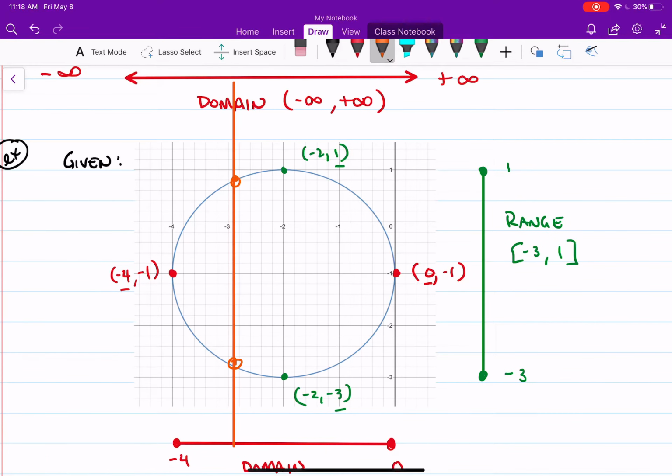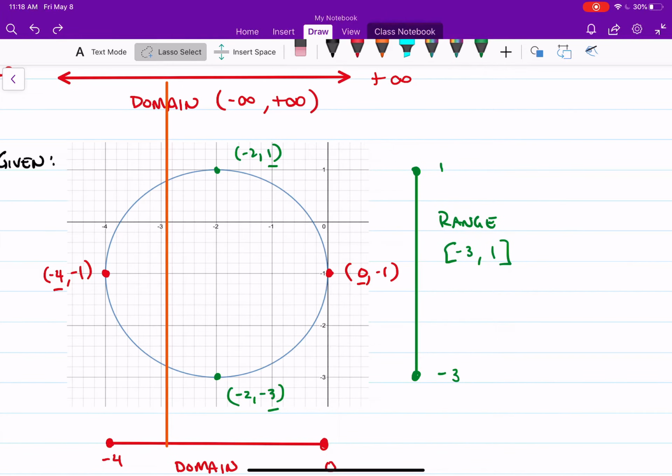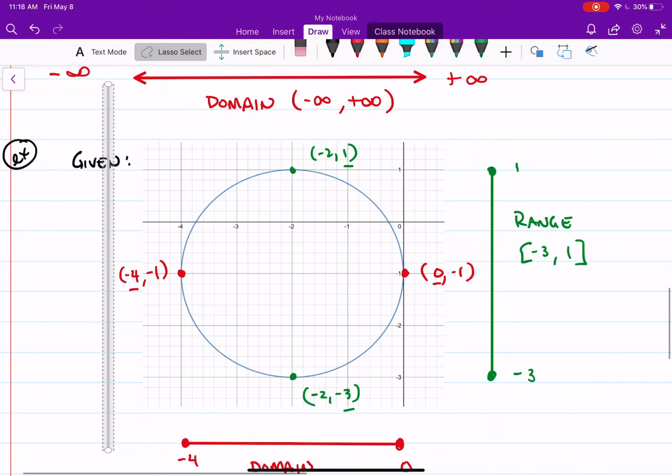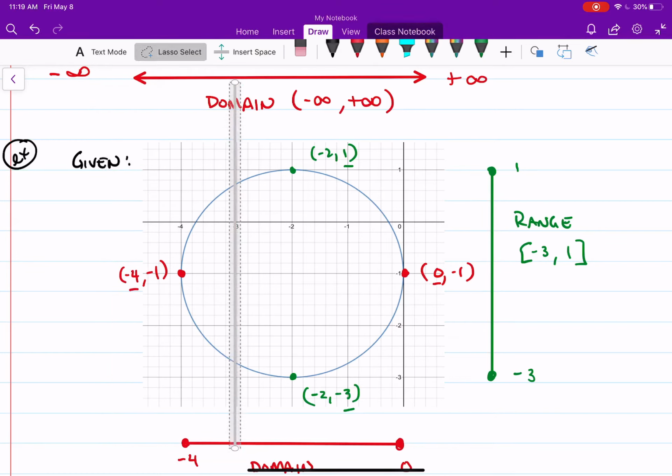So this circle is not a function. But you could say, well, what if I move it out here? You're right. But bottom line is that we're trying to prove that it's not a function. So we're trying to look for things that would tell me that it's not a function.